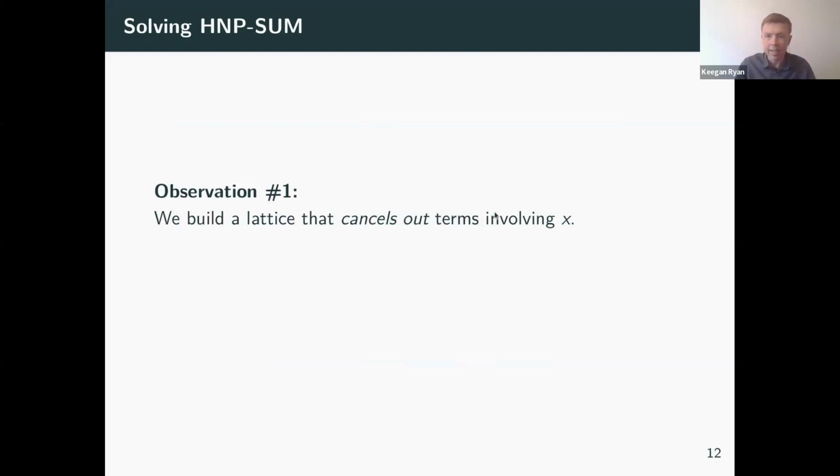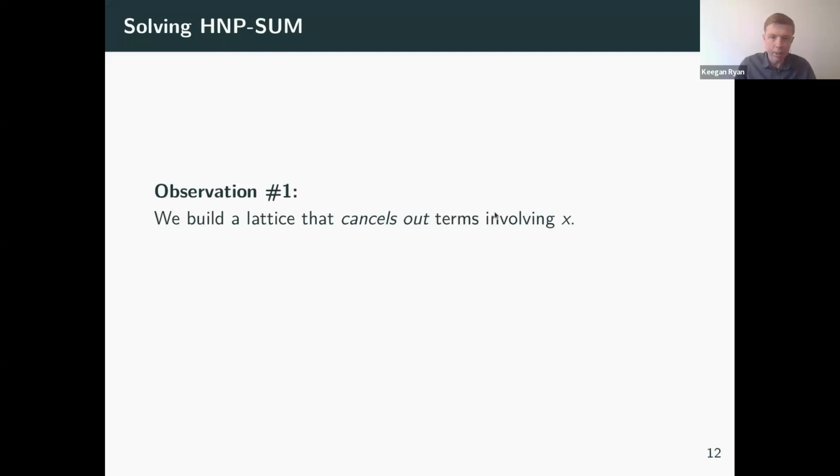And fortunately, this extends well and generalizes well for even more samples in higher dimension. We make a couple observations for why this strategy works. And one of the interesting things about this attack is that we're able to work around the challenges involving X by canceling it out. And we don't cancel it out explicitly, we cancel it out implicitly with the construction of our lattice.